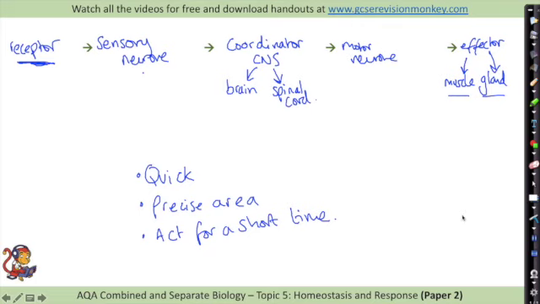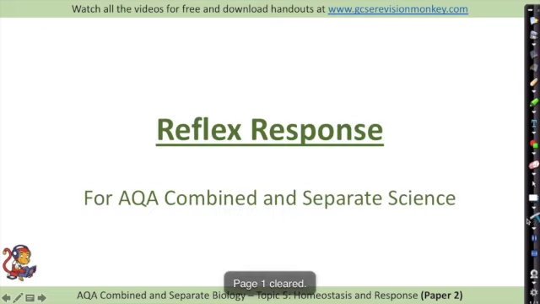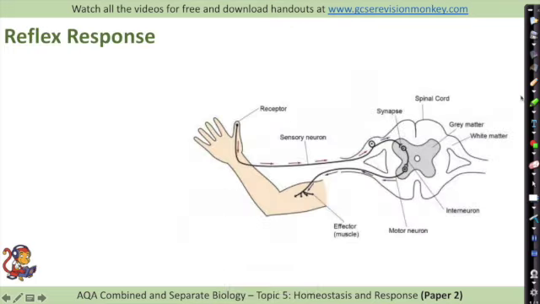One very special nerve response is a reflex response. This response is completely automatic, and what that means is it does not involve the brain. So, for example, if this person experienced a bee sting on their thumb here, their receptor cells would detect that pain from the bee sting.